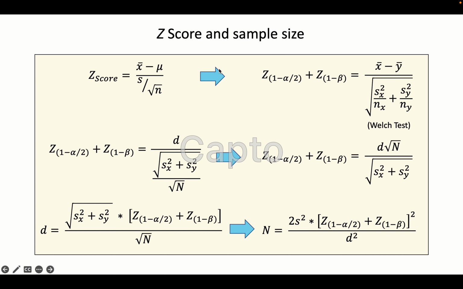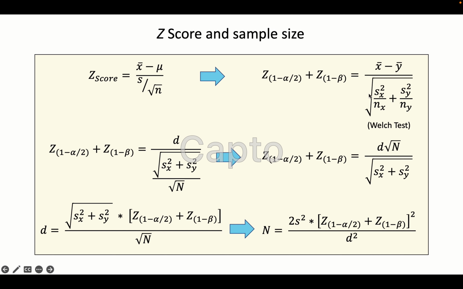You can see that the structure is very similar, but all I'm doing here is making a decomposition of the Z-score into Z for alpha and Z for beta. This is my effect size, this is my standard deviation, and this is the actual sample size for each group.